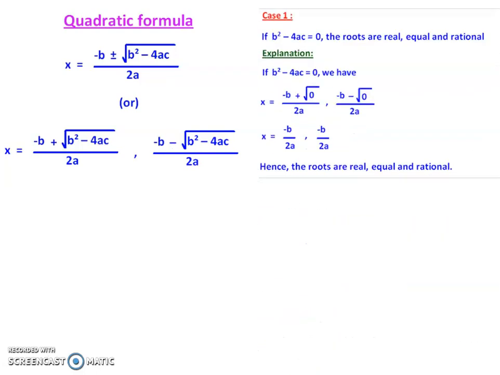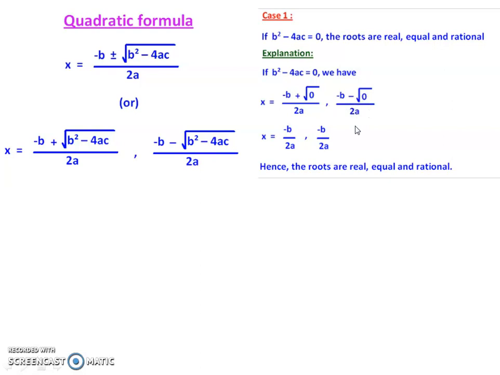What is case 1? If b square minus 4ac is equal to 0, that is, this term turns to be 0, we have x equal to minus b plus root of 0 by 2a, and the other solution will be minus b minus root of 0 by 2a.